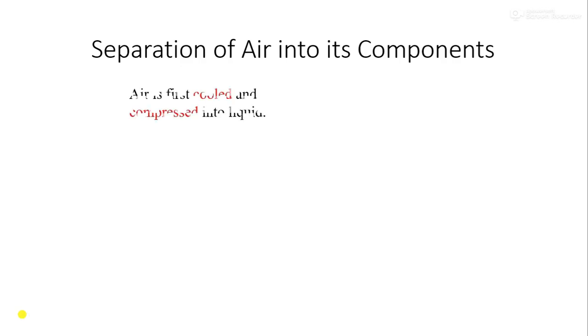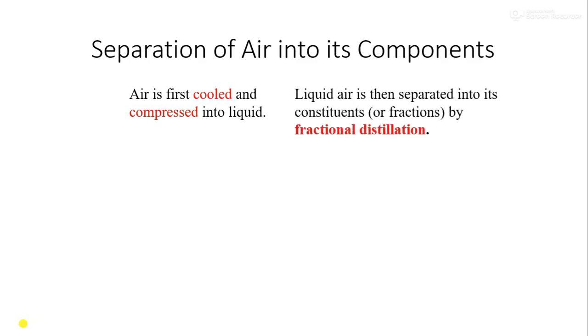Now, separation of air. We know that we can obtain nitrogen and oxygen from air. So we can cool the air and compress the air. When this air is converted into liquid, we do fractional distillation with this liquid air.